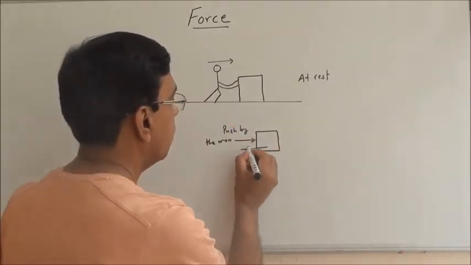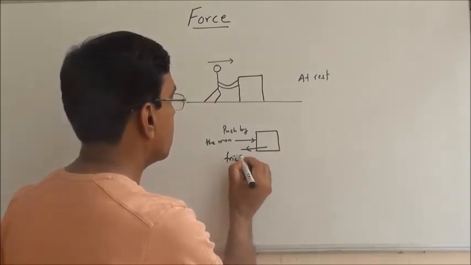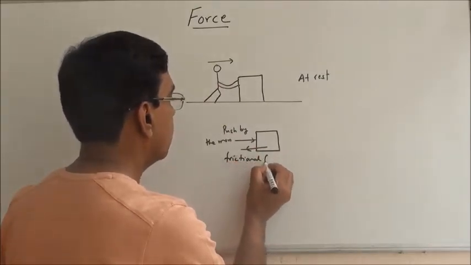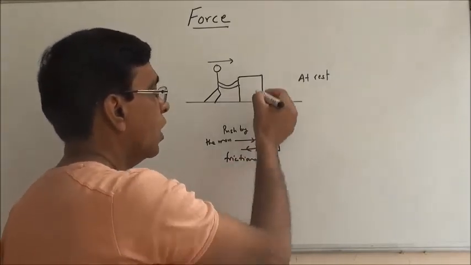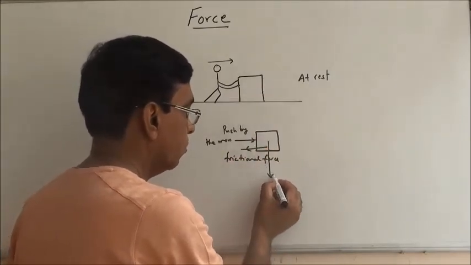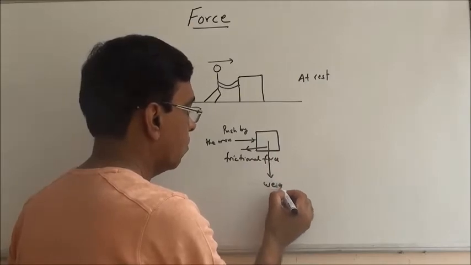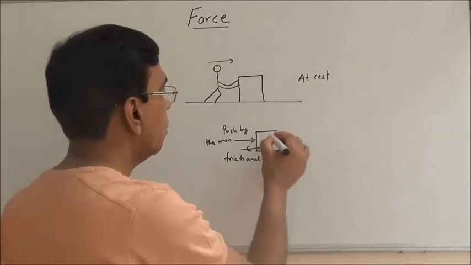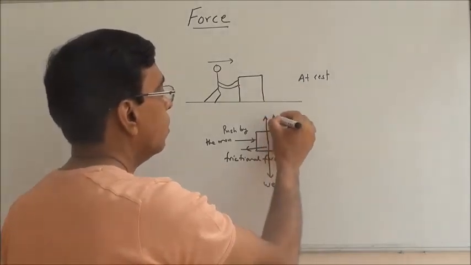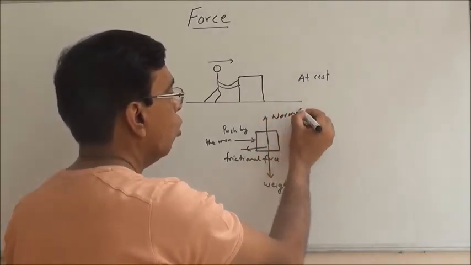There is a frictional force, and both of them are equal. One is weight, but this object is not moving even down. There is a normal force.